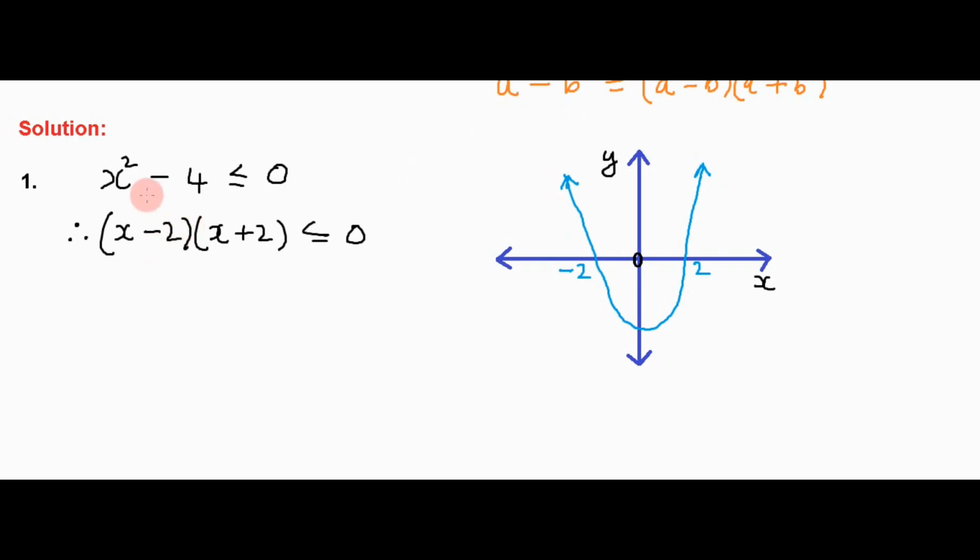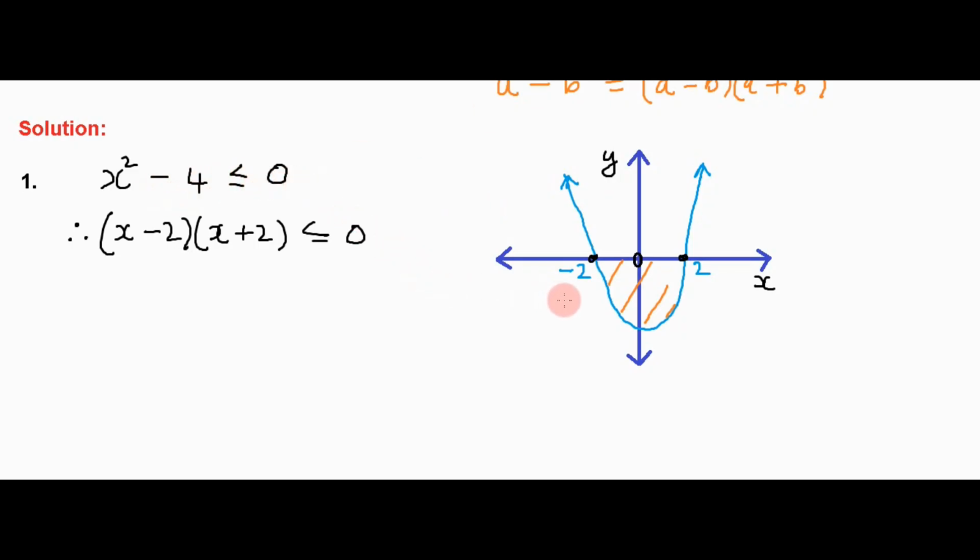Now, what does this inequality really mean? It says x squared minus 4 must be less than or equal to 0. So this means that the graph of y equals x squared minus 4 must be either 0, or it must be negative, in other words, below the x-axis. So this region over here. And we need to solve for x.